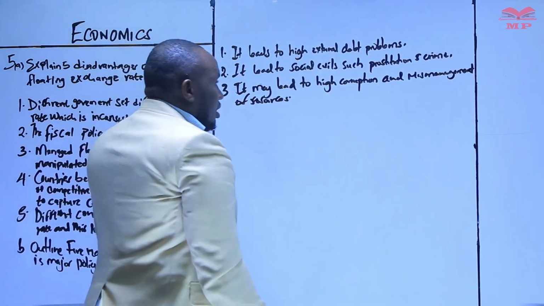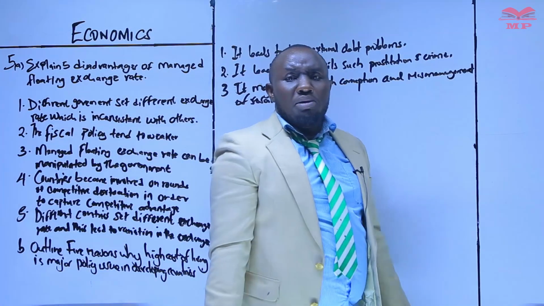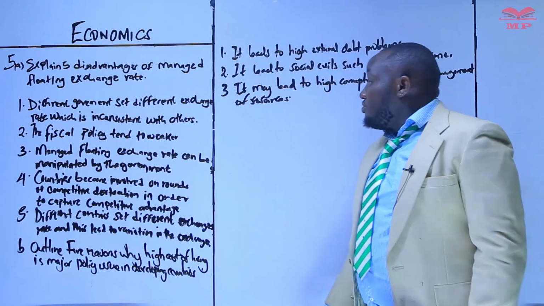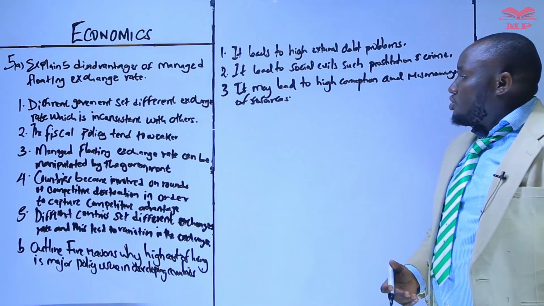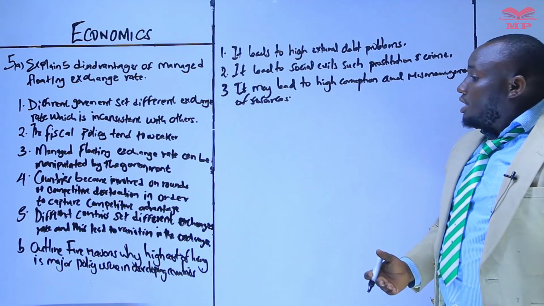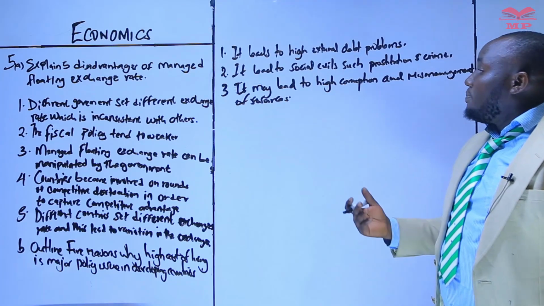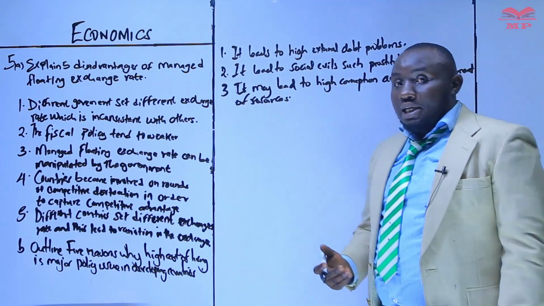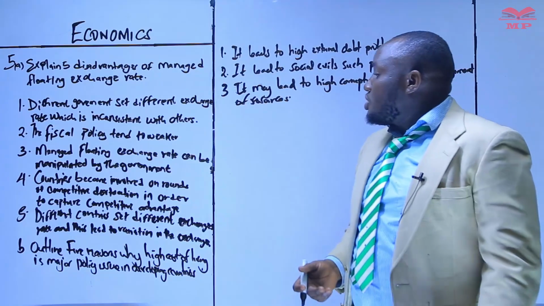So when there's high cost of living, because people are trying to get a lot of money, you find a majority of people being corrupt in order to cover their basic expenses, especially when the cost of living is so high.